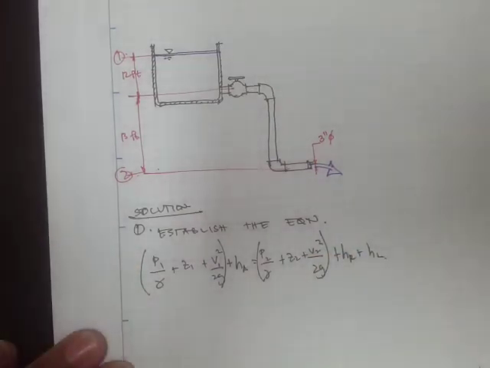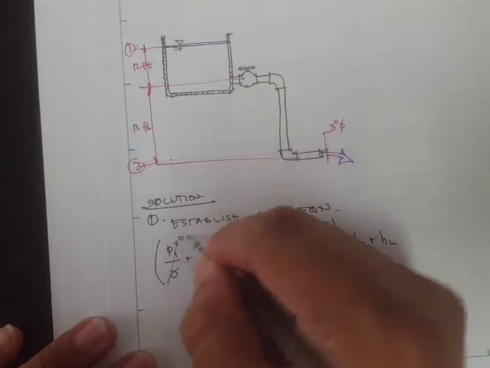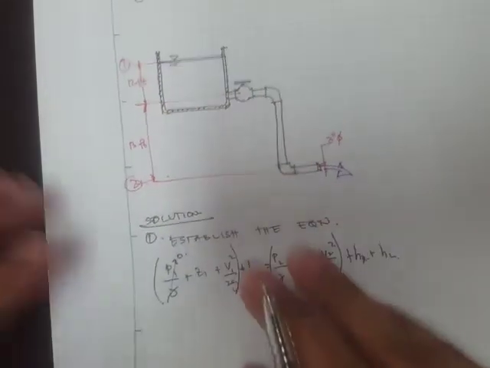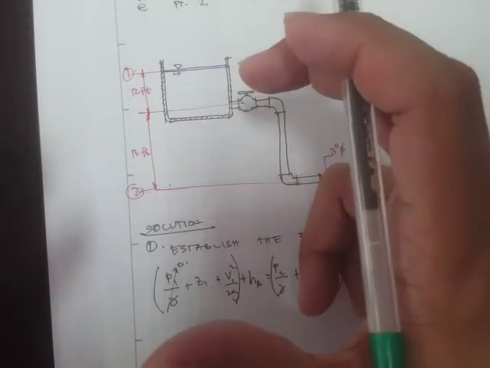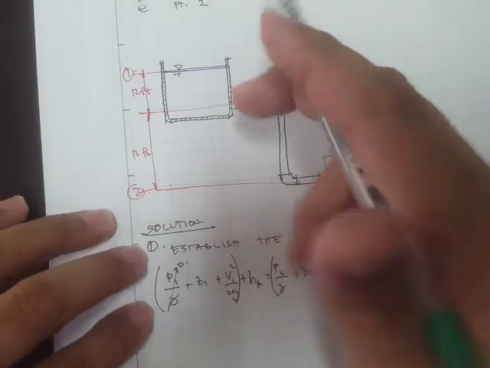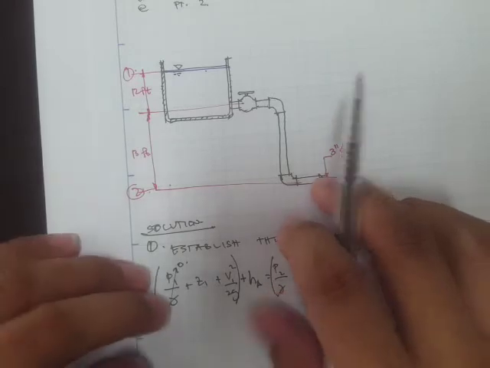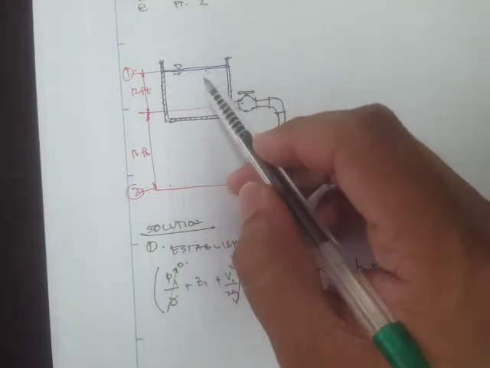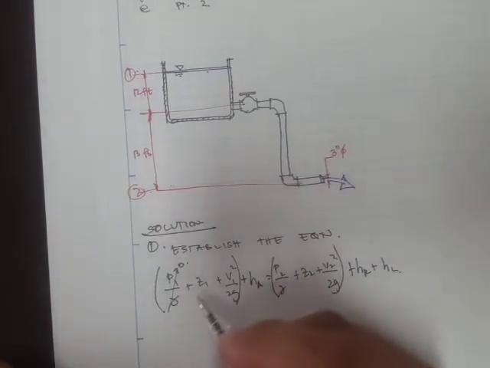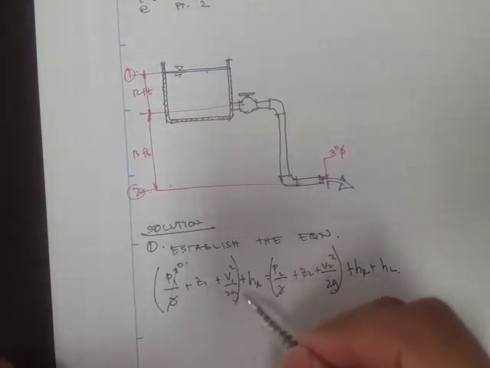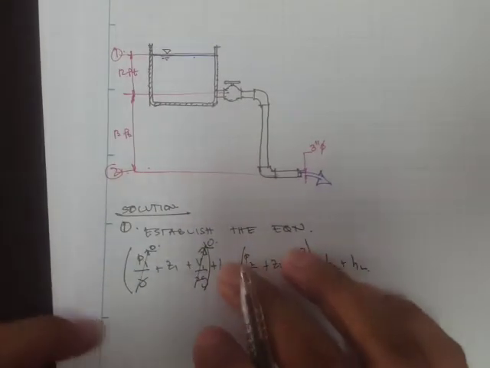Okay, so our pressure head is actually 0, because if you recall in our previous discussions regarding the large reservoir, the velocity here with respect to the velocity at this smaller area is negligible. So the pressure head is 0, the elevation is not, and the velocity head is also 0. Again, that's from our previous discussion.